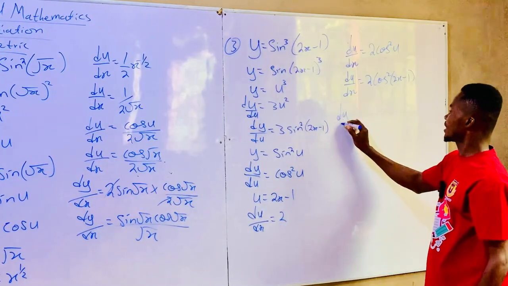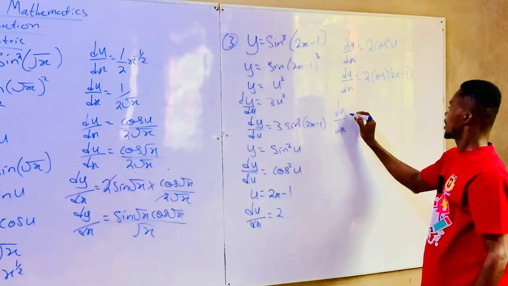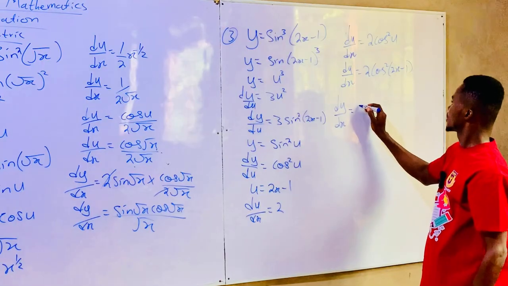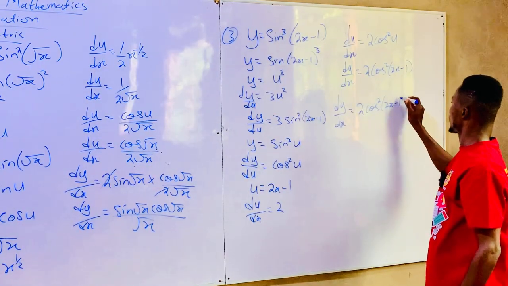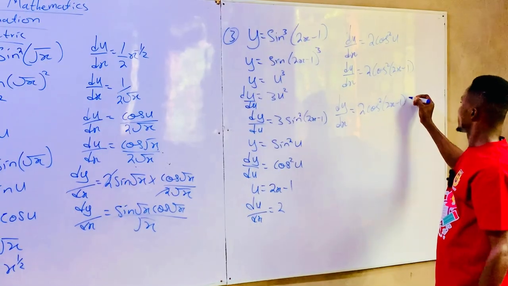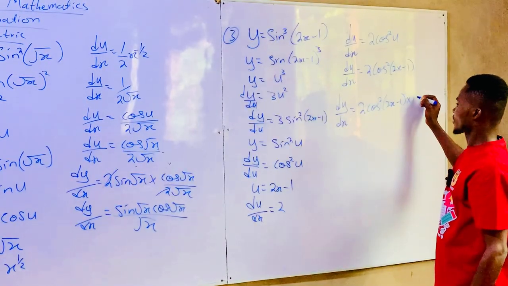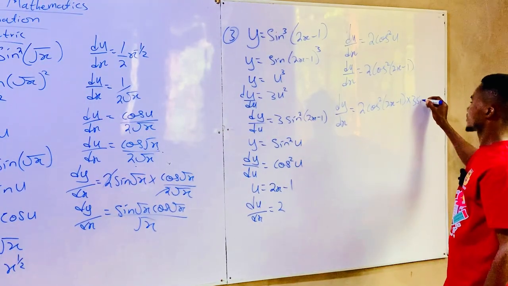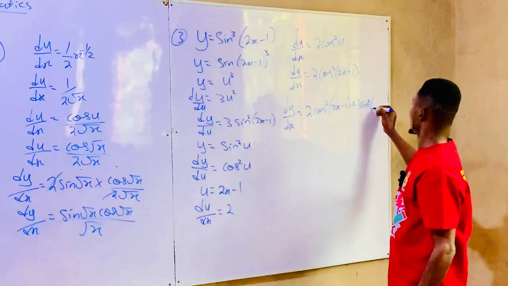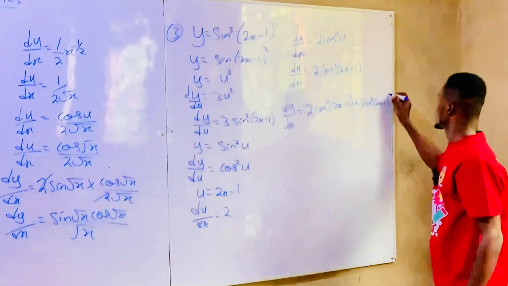So our dy over dx equal to 2 cos squared into bracket 2x minus 1 times 3 sine squared into bracket 2x plus 1.